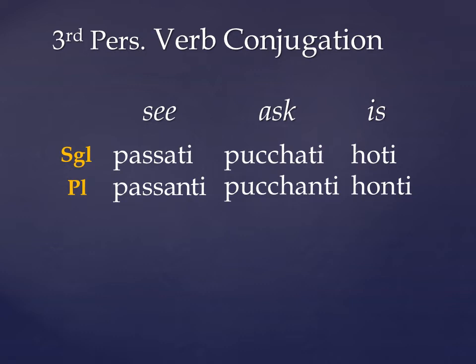Pasati, he sees, becomes pasanti, they see. Puchati, he asks, becomes puchanti, they ask. And hoti, the verb to be, or he is, becomes honti, they are. So this is actually a very quick look at verb conjugation. But given this, we can now start forming plural sentences.